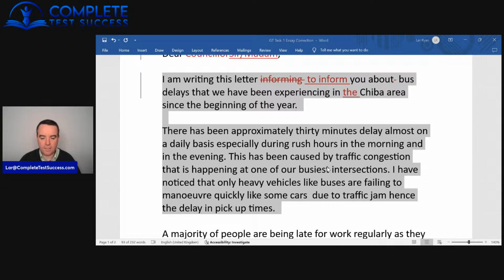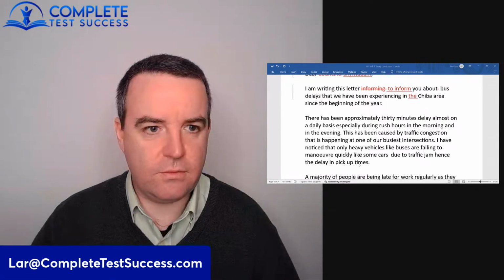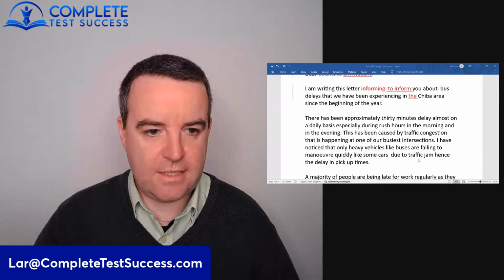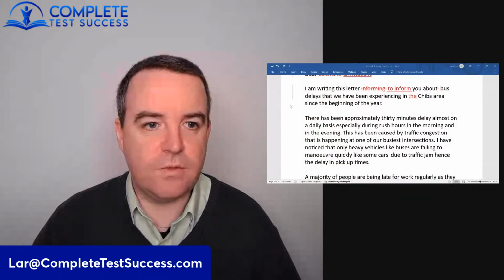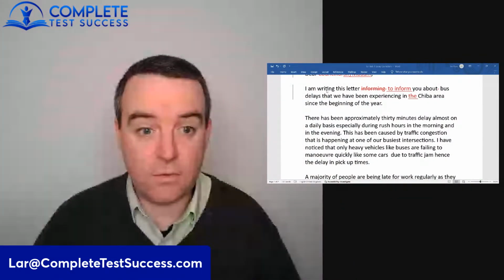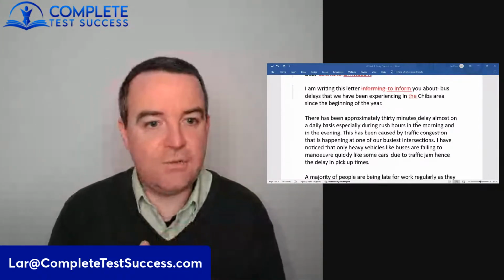Now, what we see then is Madeline has split up her response to the first prompt into 2 paragraphs. And now it looks like there's way too much here, 93 words. Now, it's not necessarily the case that if you write 93 words, your letter is going to get a low score. But the problem is you need to do it in 20 minutes.